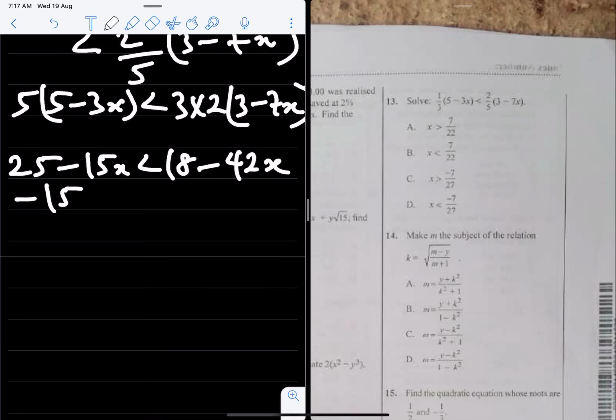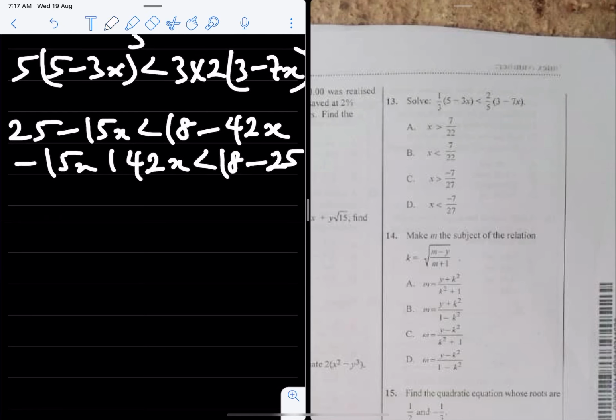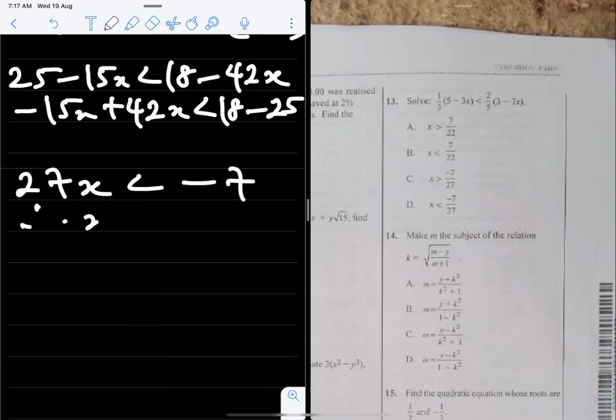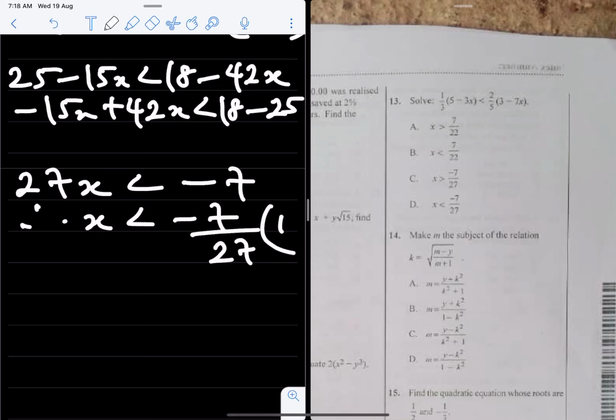That means minus 15x plus 42x is less than 18 minus 25, which simply means 27x is less than minus 7, and therefore x is less than minus 7 over 27. The correct option is D.